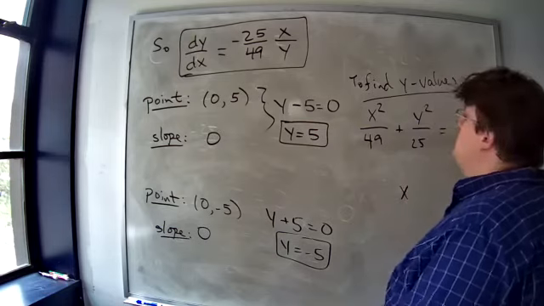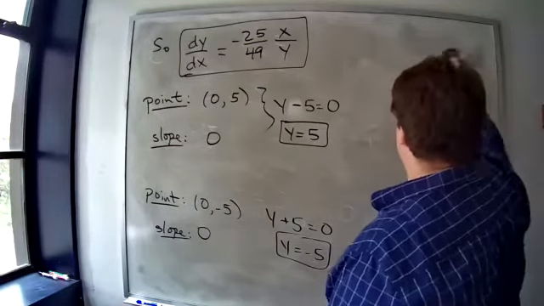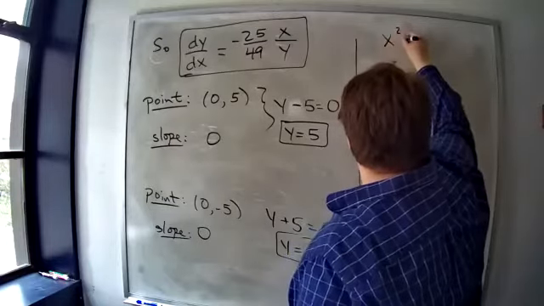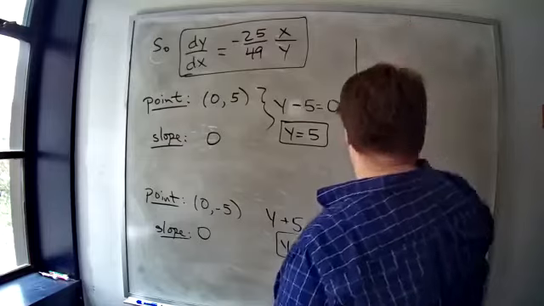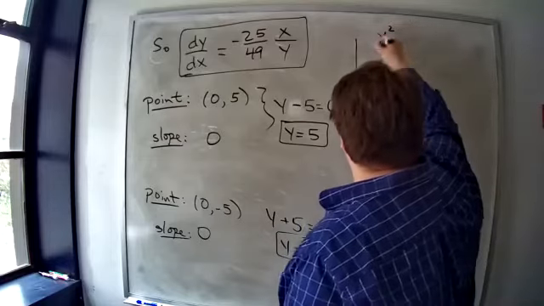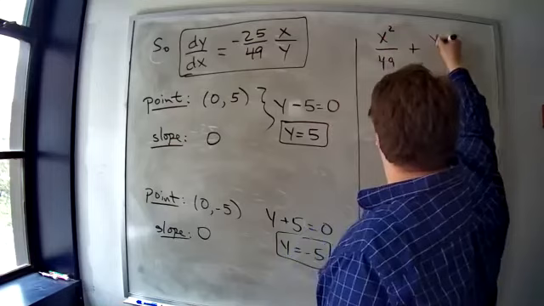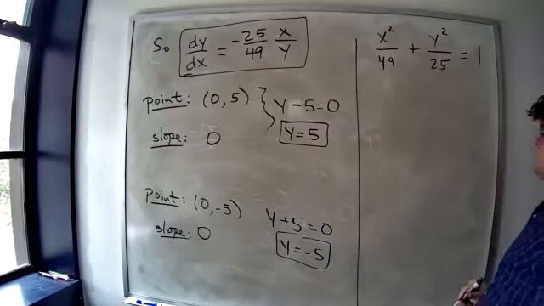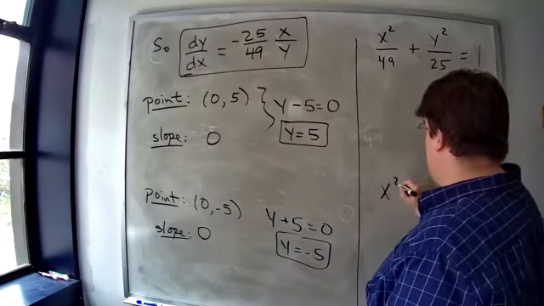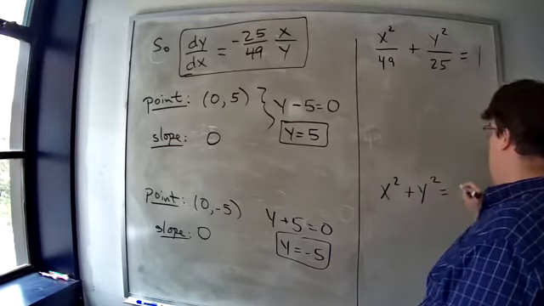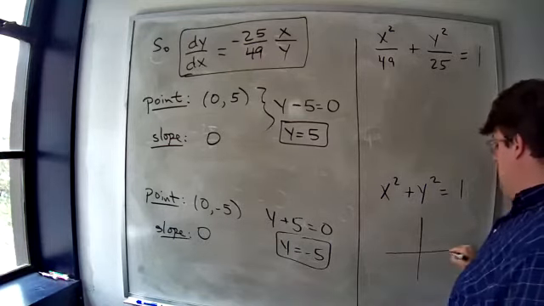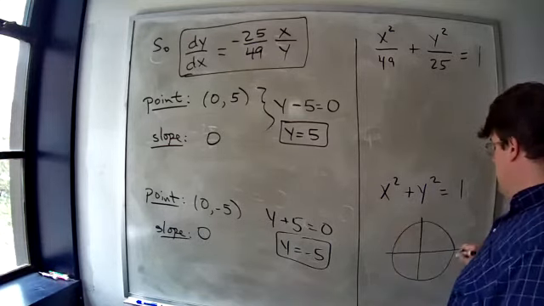Well, let's recall this curve. The set of points x squared plus y squared equals 1 defines the circle of radius 1 centered at the origin.